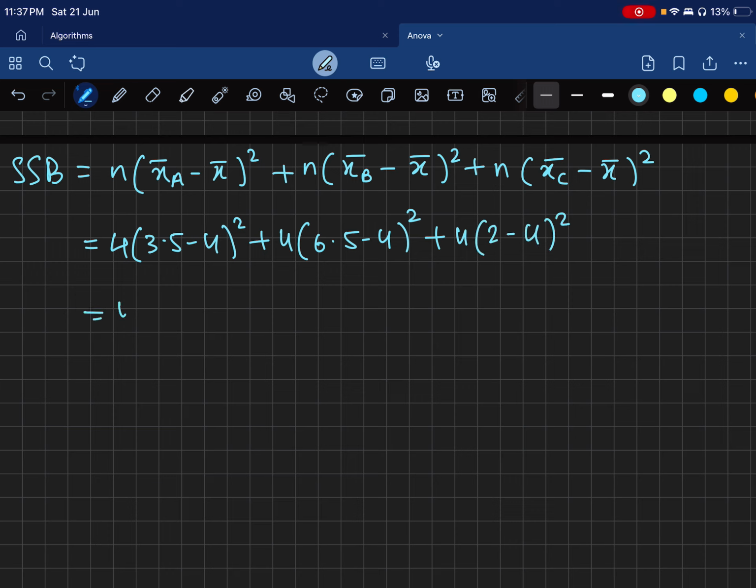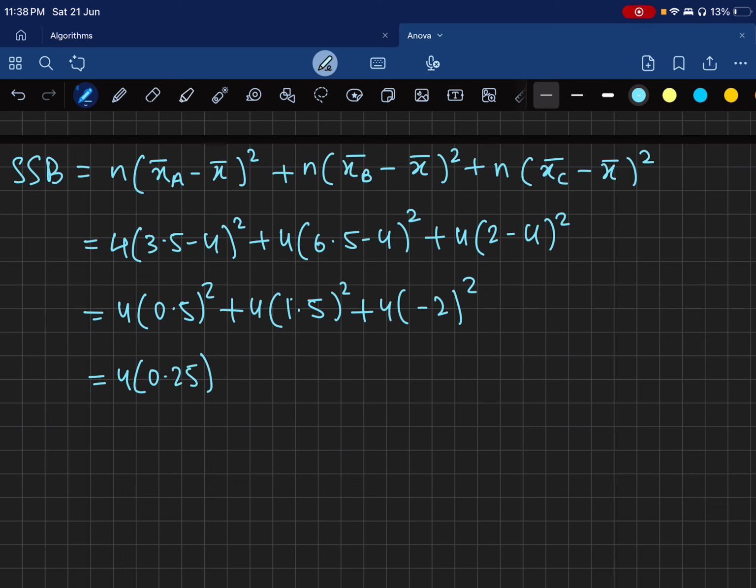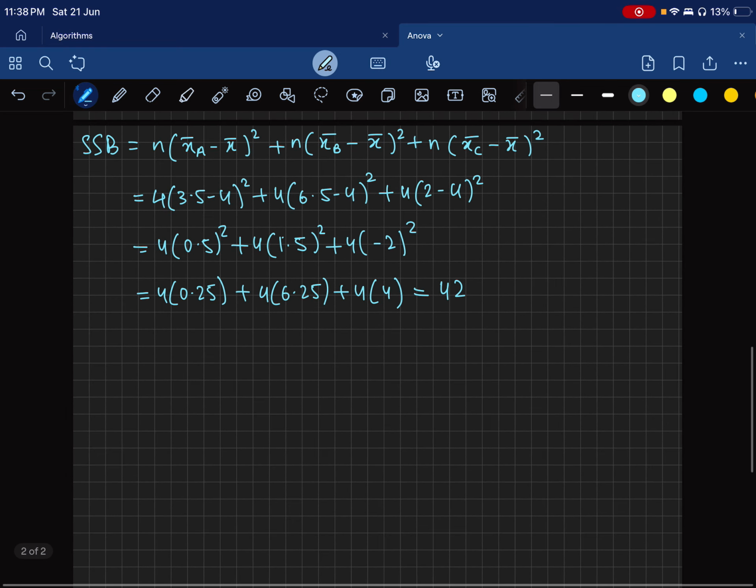When we solve this, you get 4 into 0.5 square plus 4 into 1.5 square plus 4 into 2 square, which is 4 into 0.25 plus 4 into 6.25 plus 4 into 4, which gives exactly 42. So the SSB value is 42.